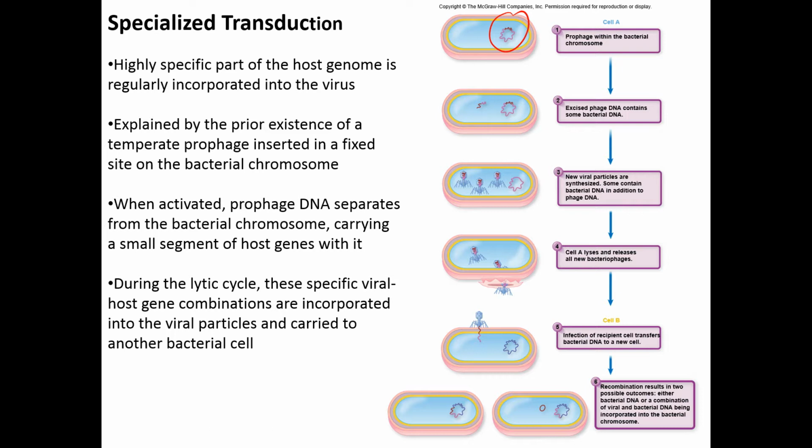Alright, so you have your viral assembly. You have that viral DNA that gets incorporated into the phage, and that phage goes on to infect a new bacterial cell. And this viral DNA that also has bacterial DNA in it will recombine and integrate into the host bacterial chromosome.